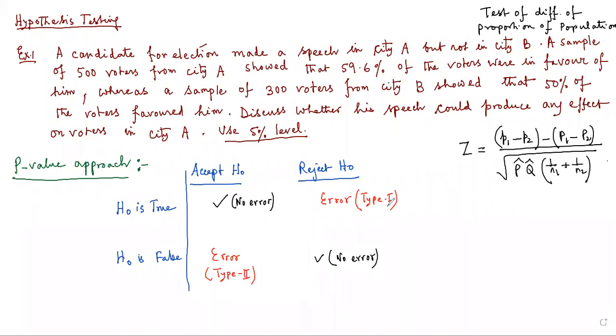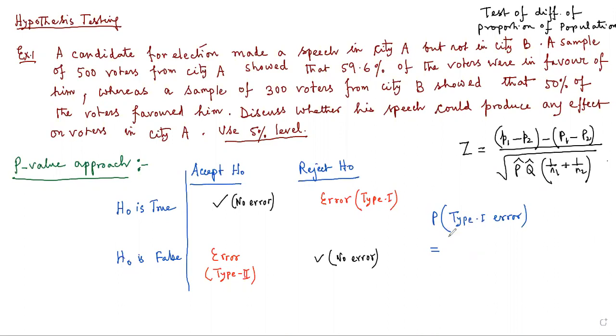he is always prone to make a type 1 or type 2 error with some probability. Therefore, we need to know with what probability he has made this type 1 error. That becomes very important in a statistical hypothesis problem.